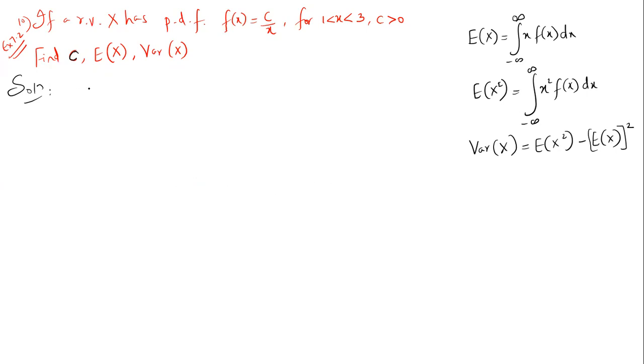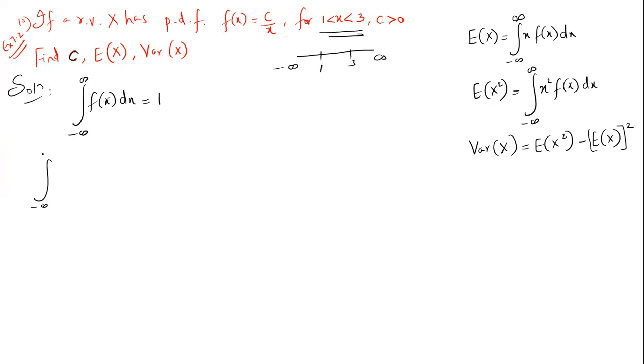So first of all, we find c. Since it represents a PDF, it's a probability distribution function, and the sum of all the probabilities, that is the integral of f(x) dx, is 1. If I split this, we have been given from 1 to 3, so between minus infinity and plus infinity there is 1 and there is 3.